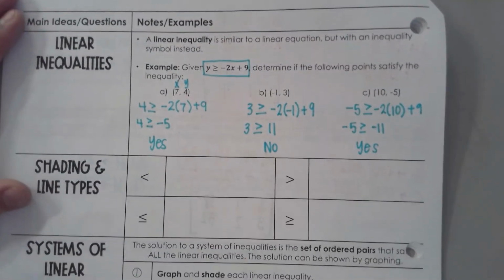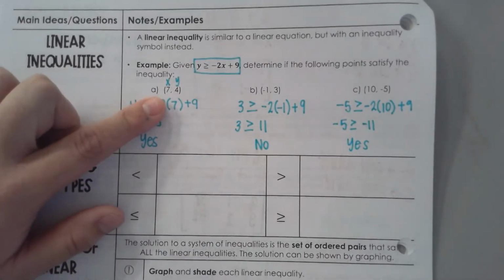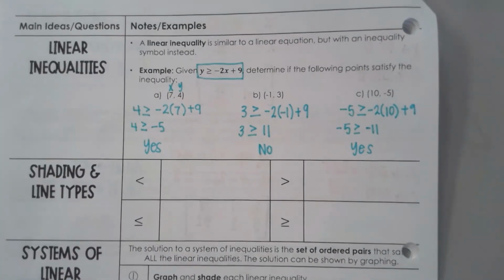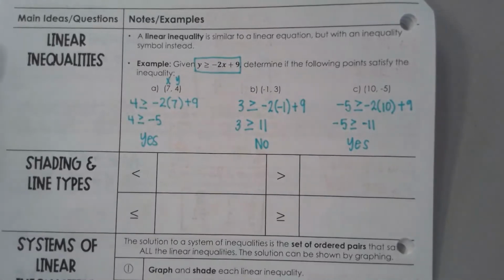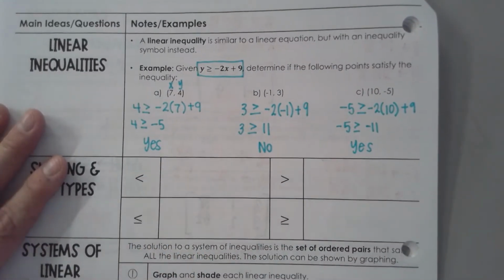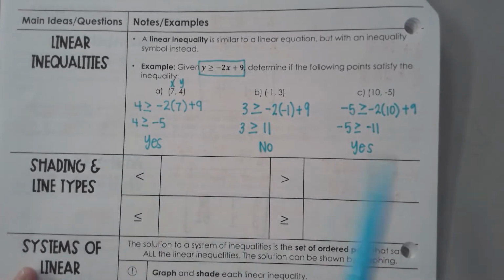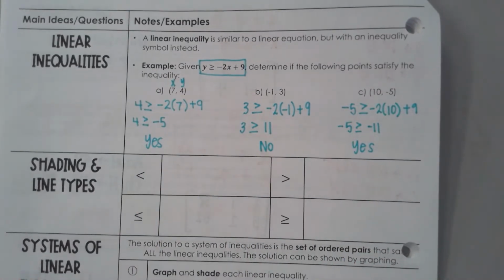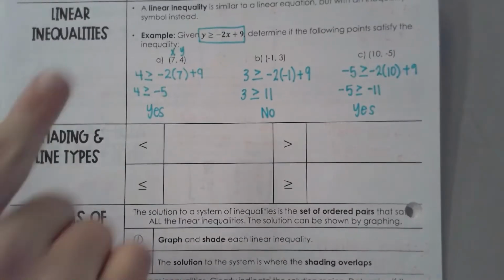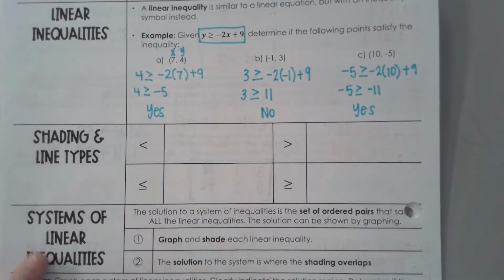So we could keep plugging in points all day, but it could take some extra time. What we're going to do is graph these inequalities on our graphs, and just by looking at the graphs, we would be able to tell if it's a yes or a no. We're also going to be doing systems, which means we're looking for points that would be a yes for 2 inequalities.